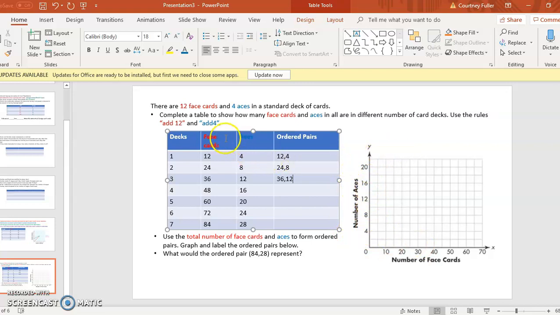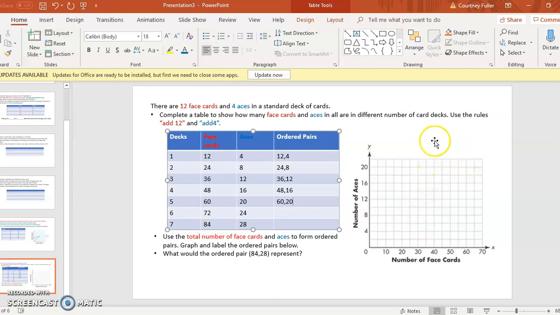So I made sure that my number of face cards were my X coordinate and my number of aces were my Y coordinate. My fourth ordered pair is going to be 48, 16. And my fifth ordered pair is going to be 60, 20. And we are only going to graph those first 5 ordered pairs.